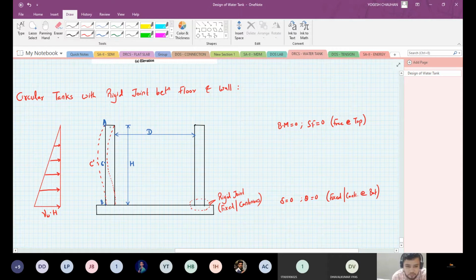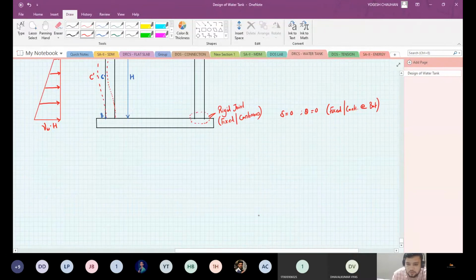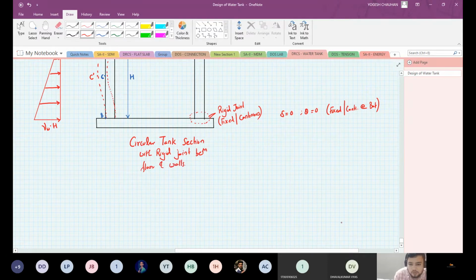And at the top, the bending moment and shear force will be zero. This is the circular tank section with rigid joint between the floor and walls.